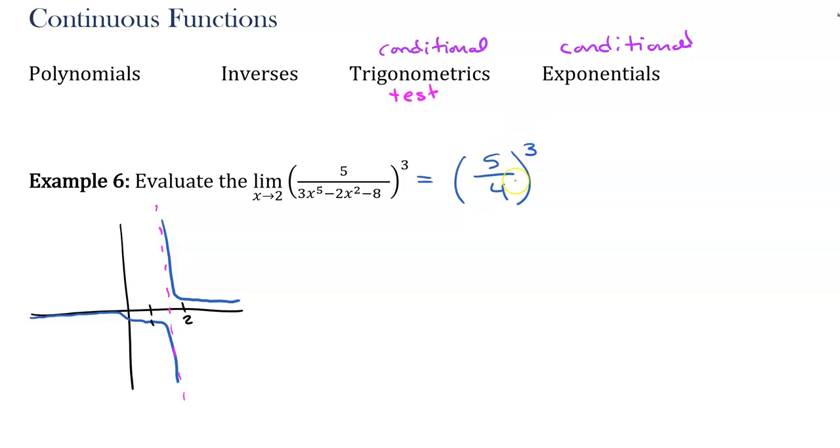Well, 5/4 cubed is 125 over 64. No problems. So as long as we're not actually talking about where the function is discontinuous, we have no problems with what we've already done. We can do it just fine.